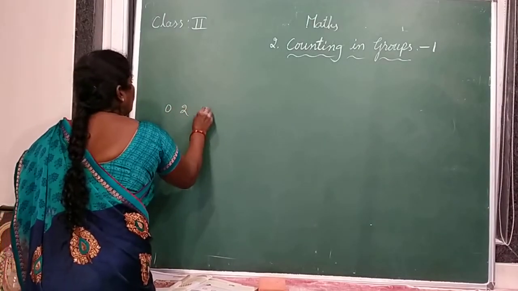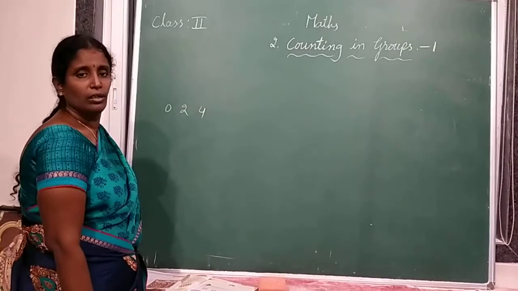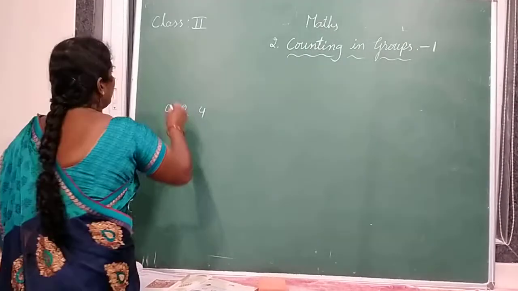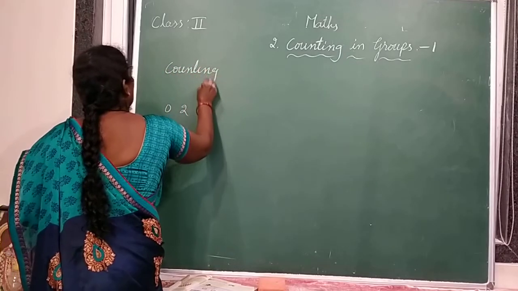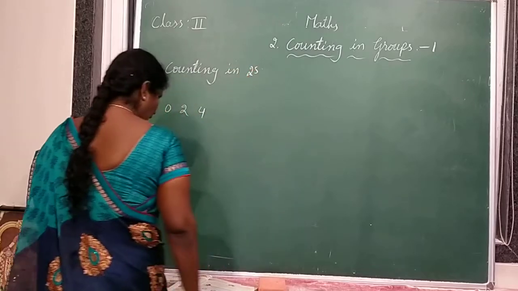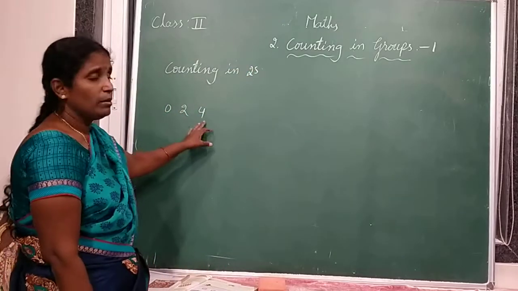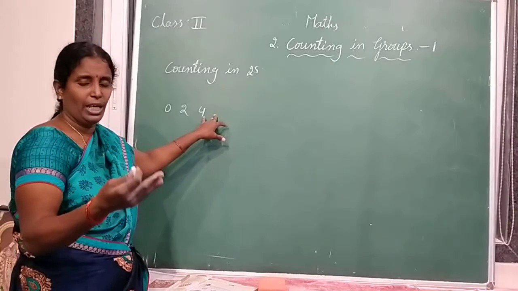Similarly, can you say what are the numbers in counting in twos? 0, 2, 4. After that, skip 1. Counting in twos now. So we have to skip one number. After 4 is actually 5, but we have to skip.